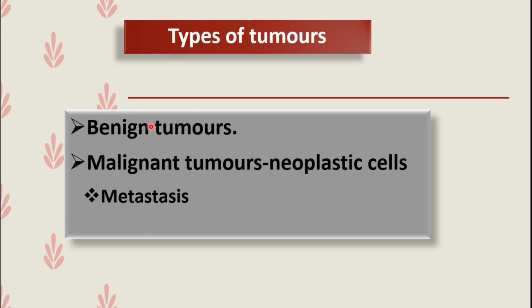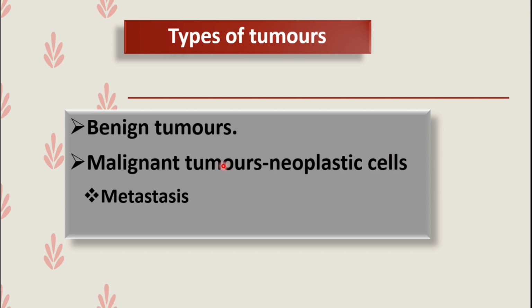Being localized at a particular region, benign tumors are less harmful than the next category, which are known as the malignant tumors. Malignant tumors contain a malignant form of cells called malignant neoplastic cells. So these tumors are made of malignant neoplastic cells and they are not confined to a particular location. They are not covered by connective tissue.